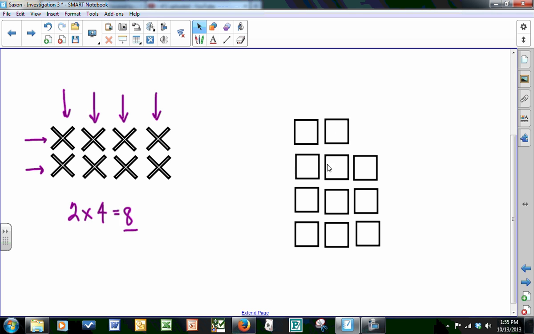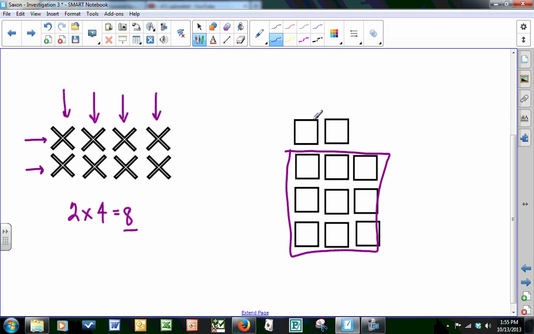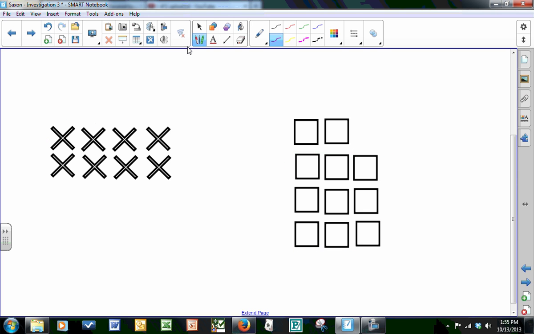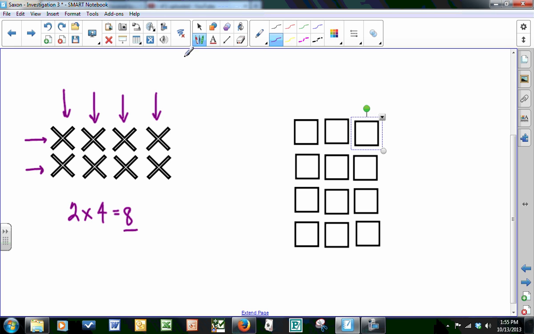This part could still be an array, and then I would have 2 extras that were not part of my equation. Let me clear that ink, and let me go back and put that guy back in.